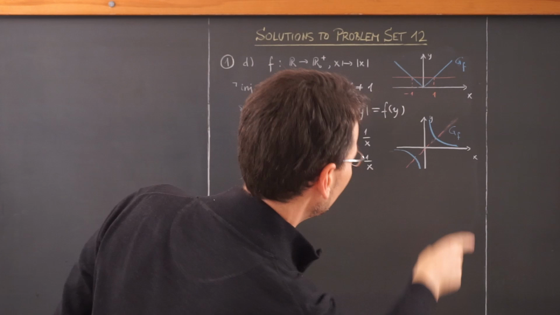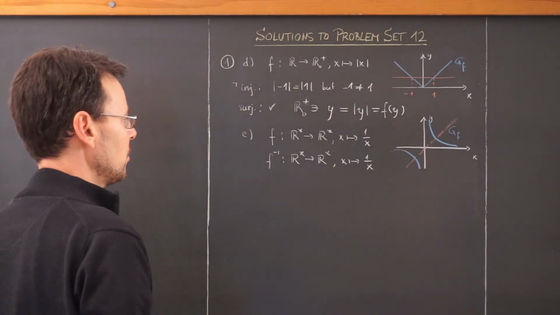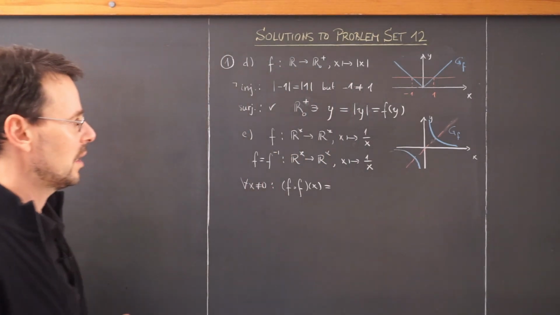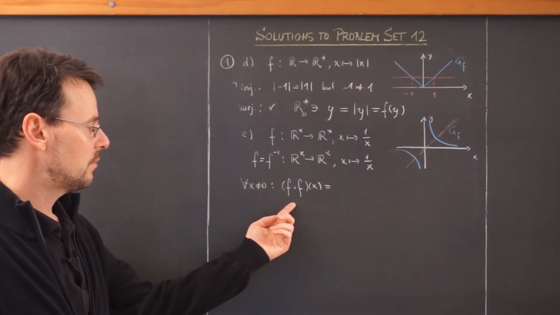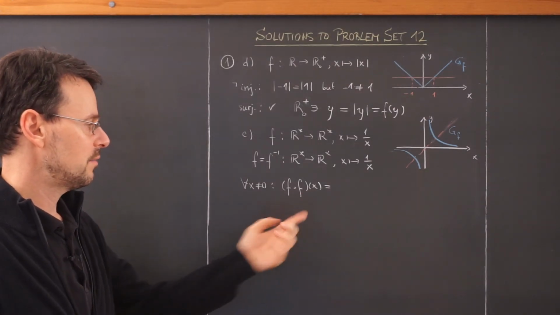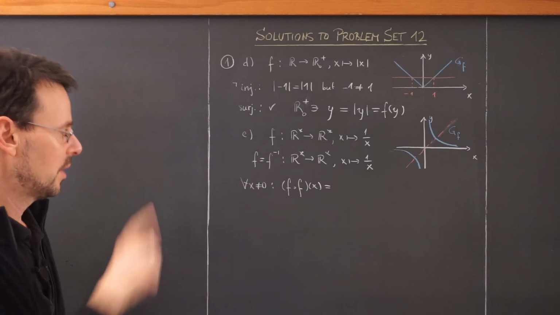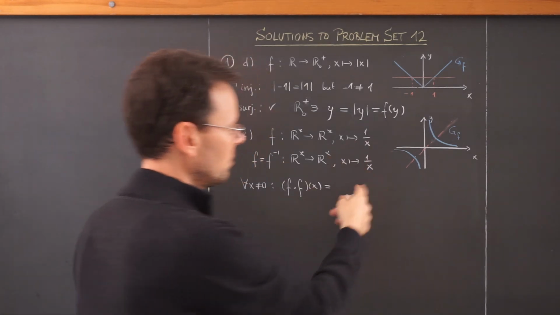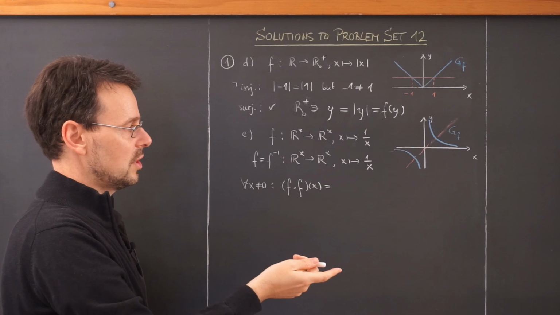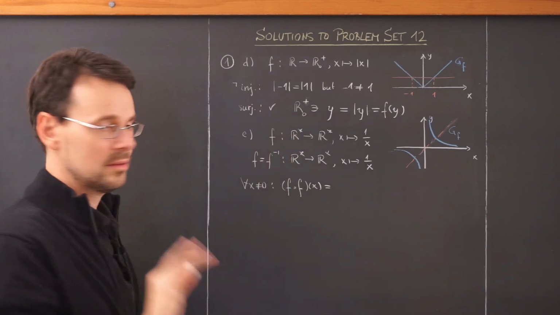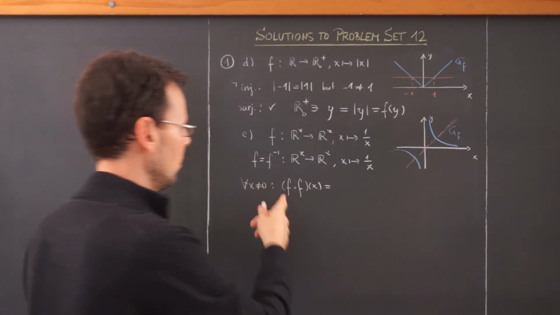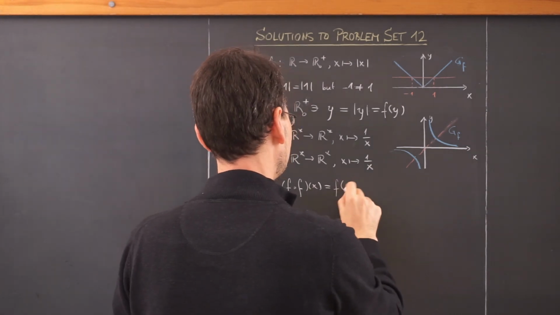I did not draw perfectly, but I think the idea should be clear. So my claim here is that f is its own inverse. So f composed with itself should be the identity of R star. Or you could either check injectivity and surjectivity by foot like that. Please do that if you're a beginner. I will only do this.